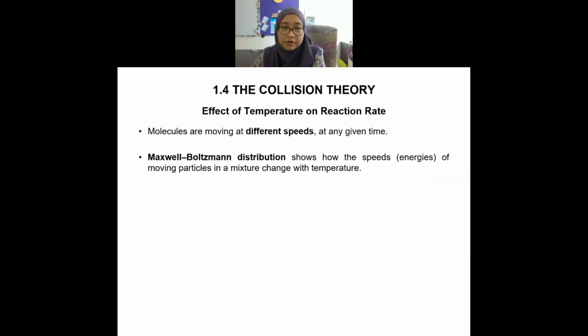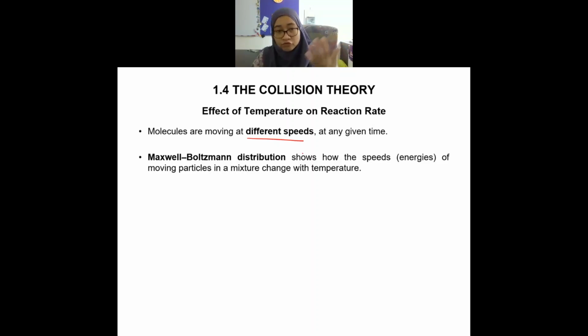Alright, so molecules are moving at different speeds at any given time. Even though the molecules are all the same type, contohnya we have nitrogen kan, we have molecules of nitrogen, not all of them have the same speed. Dia tidak bergerak pada speed yang sama, even though they have the same molecular weight.